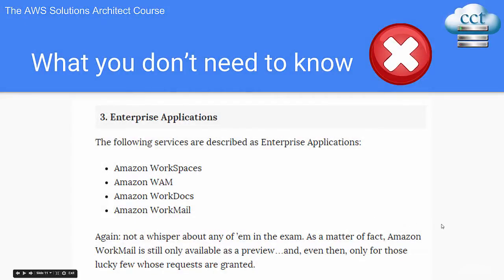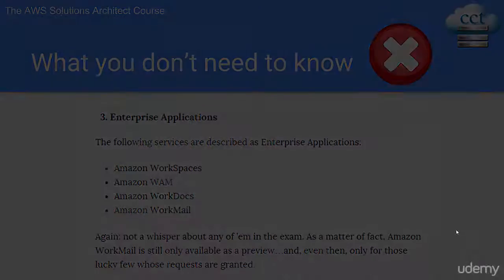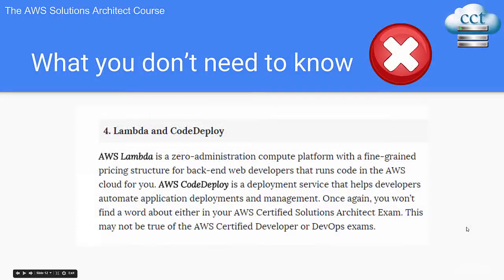And enterprise applications such as Amazon WorkSpaces, Amazon WAM, WorkDocs, WorkMail. Again, don't worry about them. Cross them off the list. Lambda and CodeDeploy. Again, probably very good for DevOps people to learn for the exam, but for Solutions Architect, no need to worry about it.